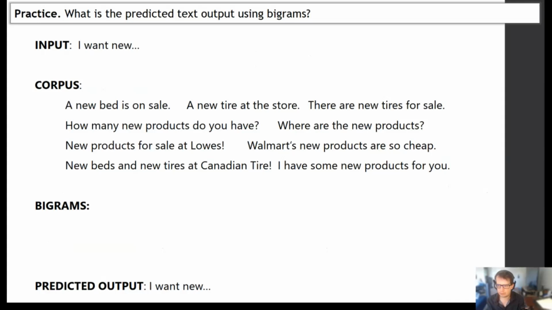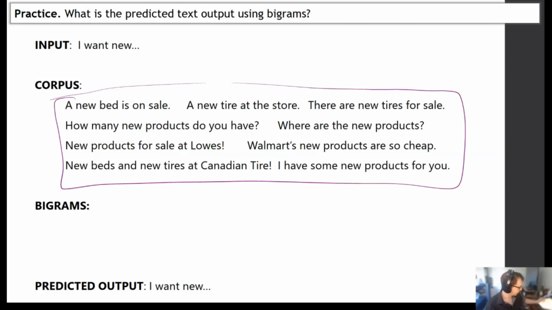And we're going to see what the prediction is based on these sentences. So let's pretend that we're typing this into a search bar, and this is everything that has been searched before. This is like the information that the computer can draw from.